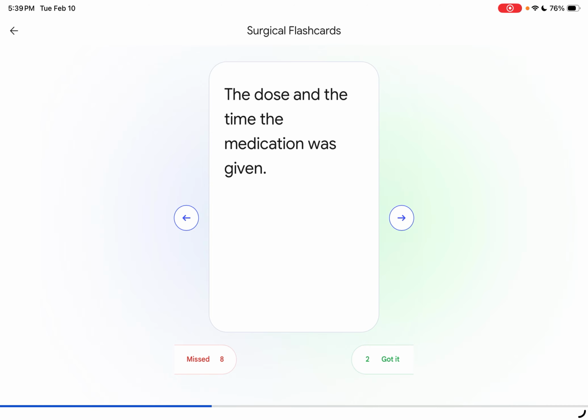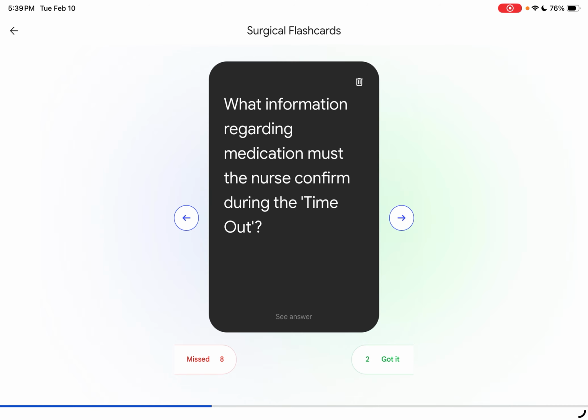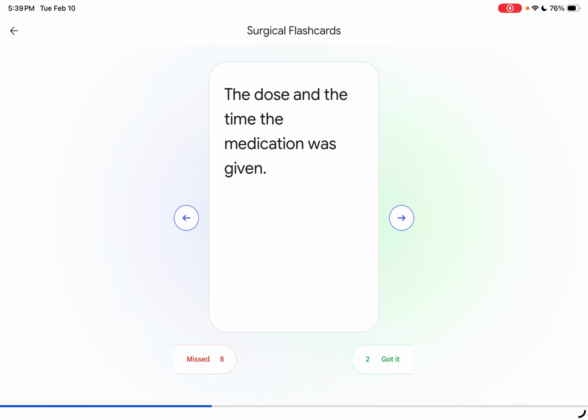Kailangan nimo i-confirm sa timeout ang dose and the time the medication was given. So, any medication nga gihatag nimo sa patient before the surgery is gonna start. Okay, so you give the time and the dose of that medication.